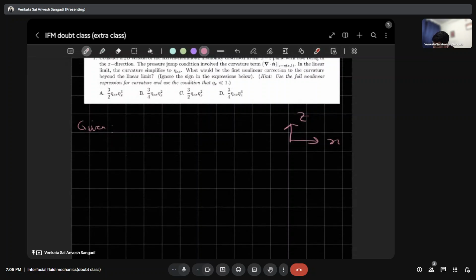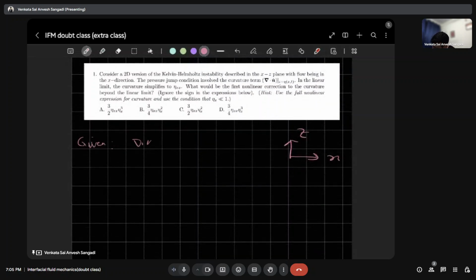So it is given that del dot n is the curvature, and the curvature at z equals eta of x comma t. We know from our earlier lectures that del dot n is simply minus h.